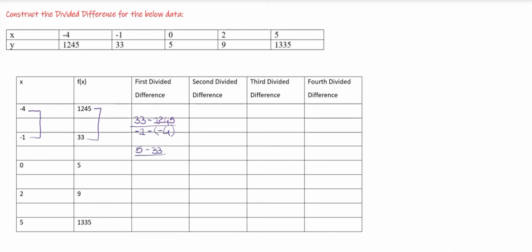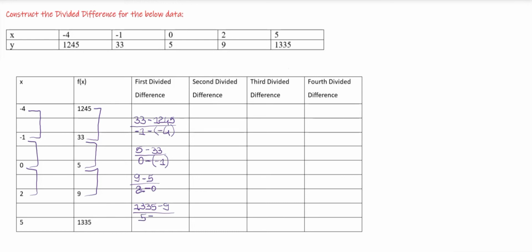Then here the value will be 5 minus 33 upon 0 minus minus 1. Now our third value will be 9 minus 5 upon 2 minus 0. And here the last one will be 1335 minus 9 upon 5 minus 2.